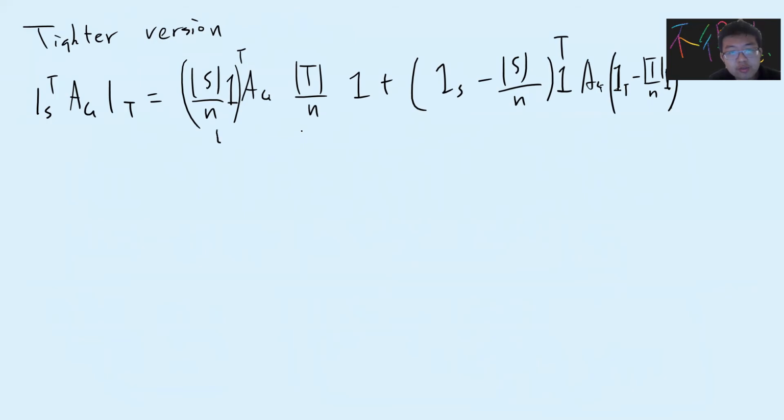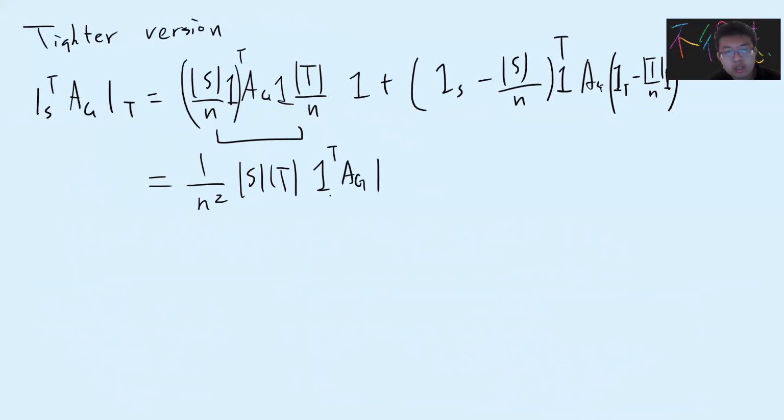And this is the first one that we just mentioned, right? This is just n squared, and s and t, and then you get 1^T A_G 1. So this guy will be n. Simple enough, you try to prove by yourself. And plus the remaining term, right?